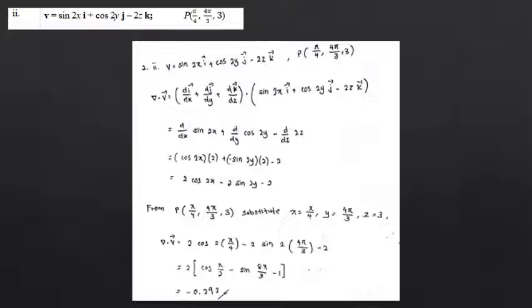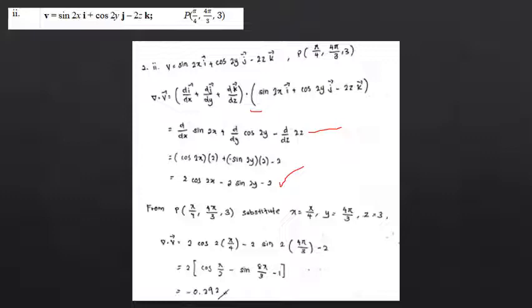So the same step as question 2.1. After the partial derivatives, I will get this new equation here: 2 cos 2x minus 2 sin 2y minus 2.